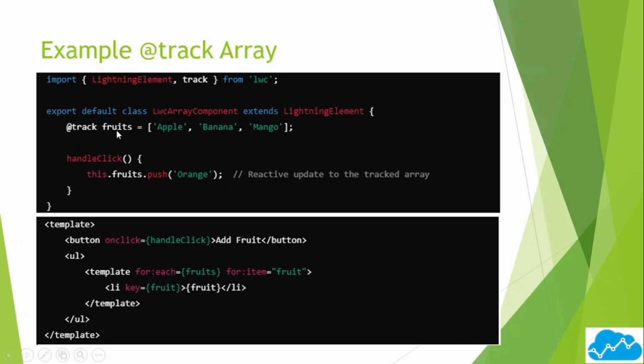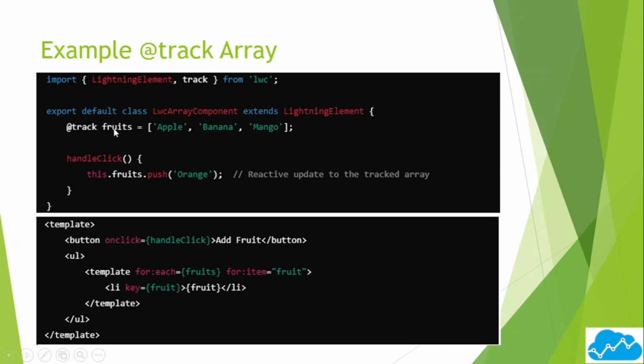Here we are taking an array by the name fruits, and it has the values apple, banana and mango, and also we are creating an event by the name handleClick, putting a value orange by using this.fruits, this array name, then .push. So it is pushing a single value, orange.